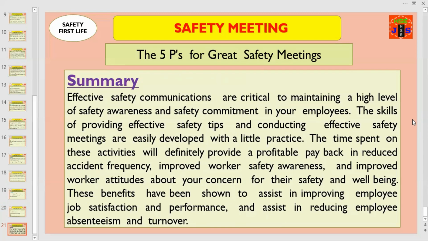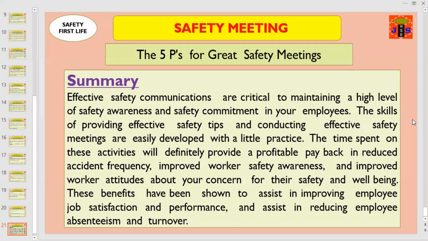Let us make a quick overview about safety meetings. Dear friends and colleagues, effective safety communications or meetings are critical to maintaining a high level of safety awareness and safety commitment in your employees, in your organization, in your worksite. The skills of providing effective safety tips and conducting effective safety meetings are easily developed with a little practice.